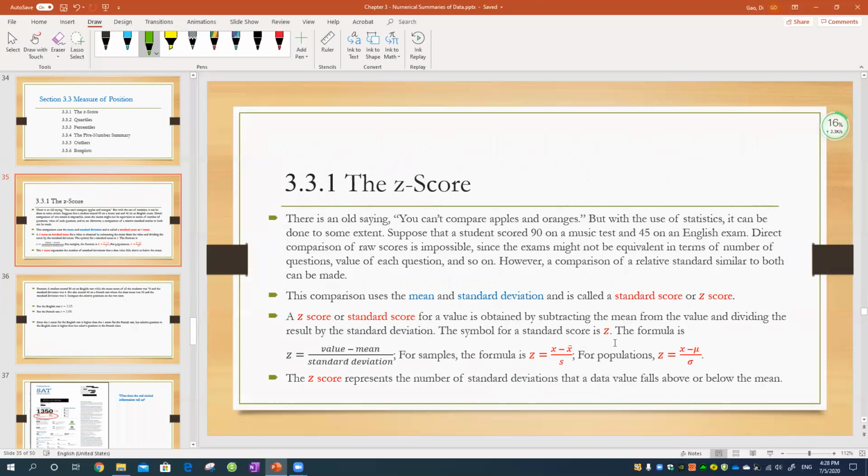The symbol for the standard score is z, and the formula is just value minus mean, divided by standard deviation. We actually used this one already, but to make it more specific, for a sample it is x minus x bar divided by the sample standard deviation. For a population it is x minus the population mean divided by the population standard deviation. The z-score represents the number of standard deviations that a data value falls above or below the mean, based on the sign we got.